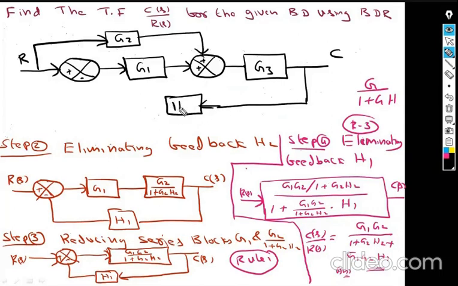So this is H1. Here is the question. Now if you observe this, no series blocks are there. G1 G3 cannot be considered as series, because there is a summing point in the middle. G1 G2 cannot be considered as parallel, because there is a summing point in the middle.